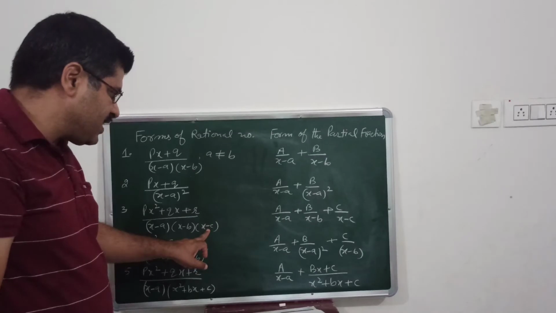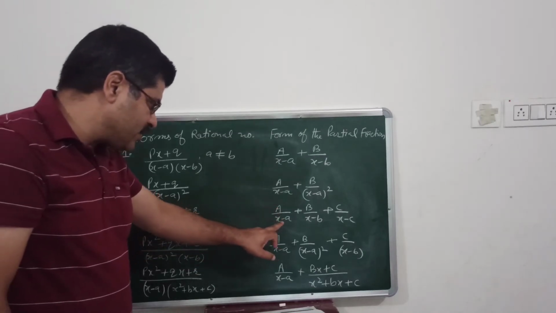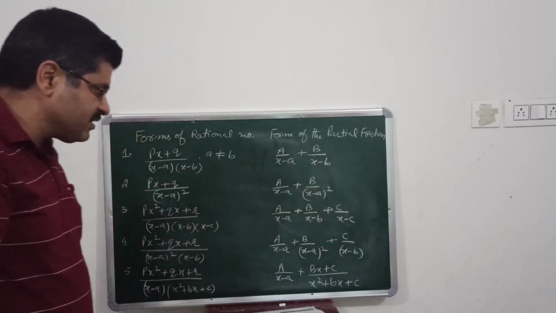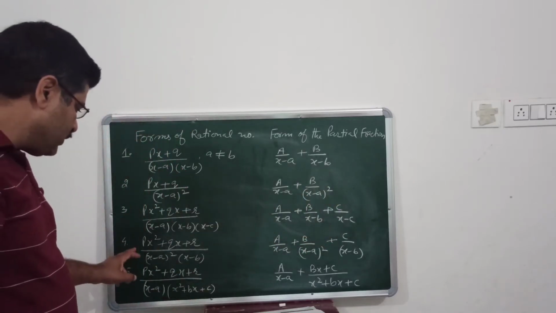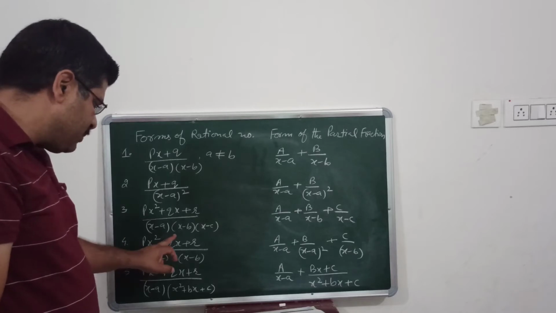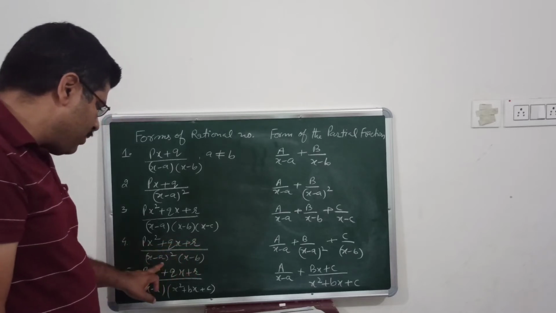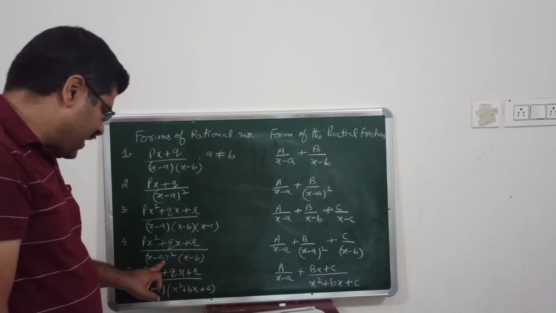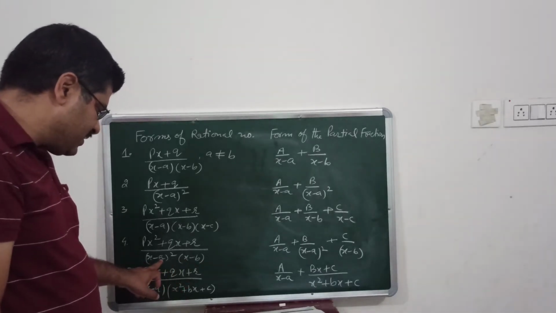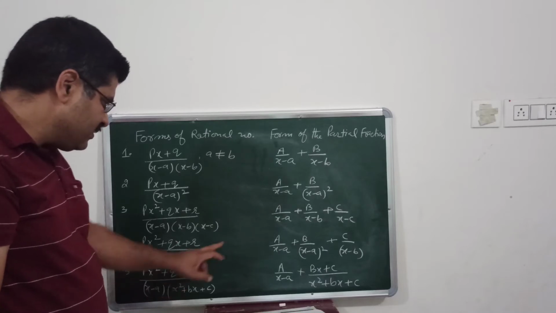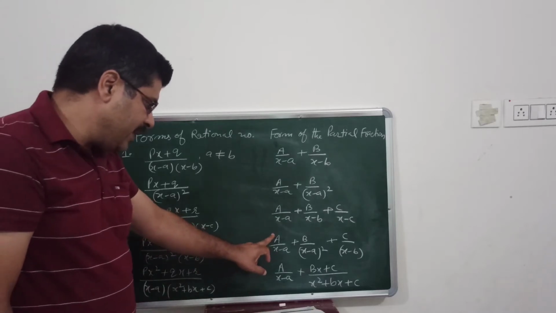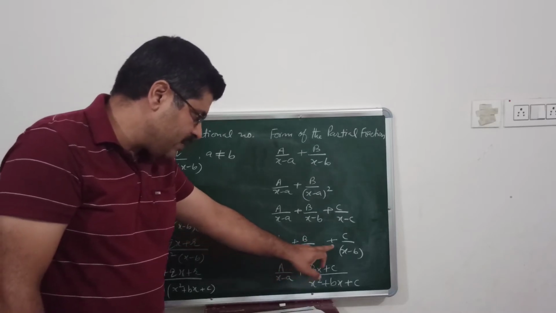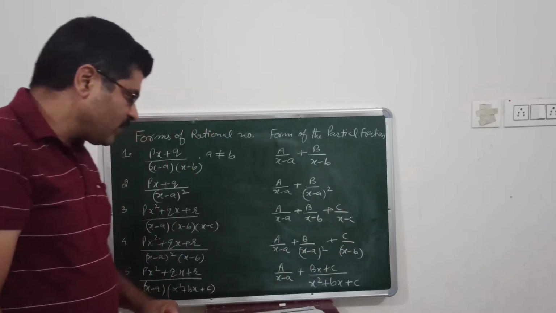Then the partial fraction form will be A upon x minus a, B upon x minus b plus C upon x minus c. The fourth form is (px square plus qx plus r) upon (x minus a) whole square into (x minus b). Here x minus a is repeating twice. Then it will be of the form A upon x minus a plus B upon (x minus a) whole square plus C upon x minus b.